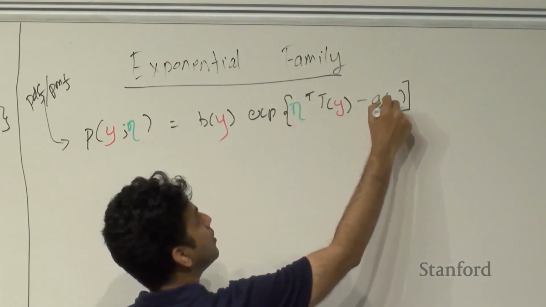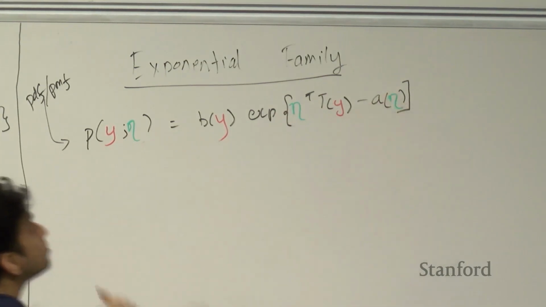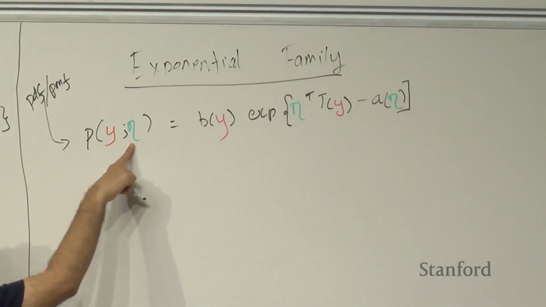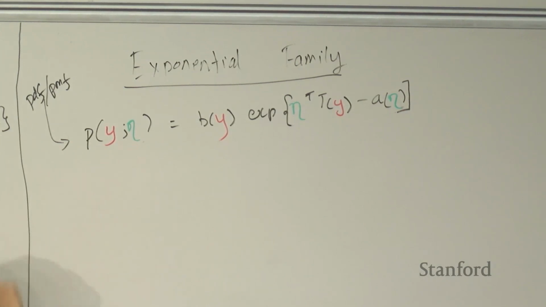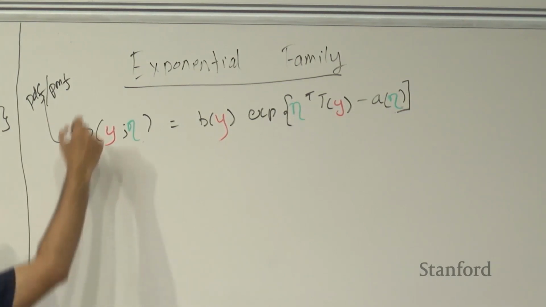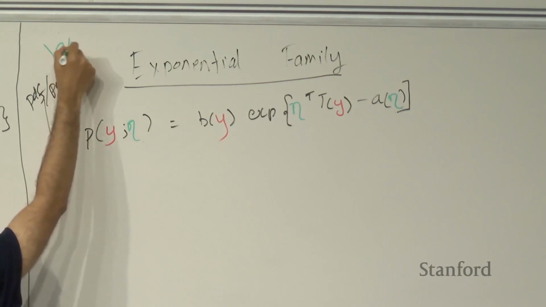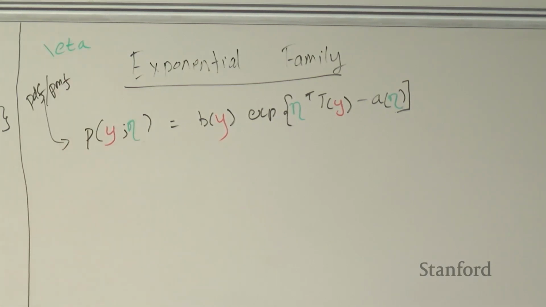This is the Greek letter eta, and if you are using LaTeX, you use backslash eta to get that symbol. It kind of looks like n, but it's just an eta.